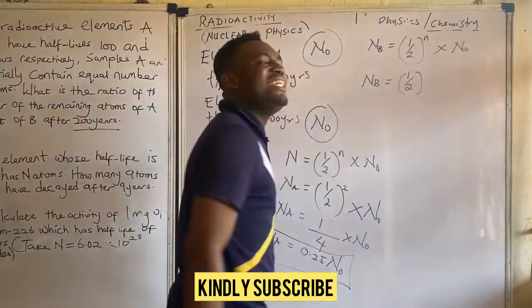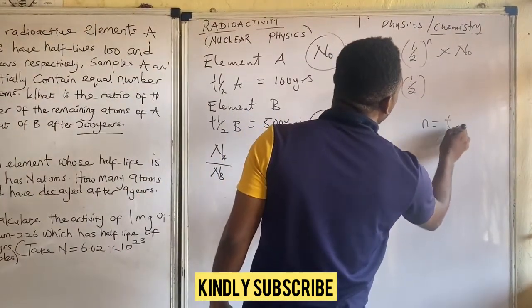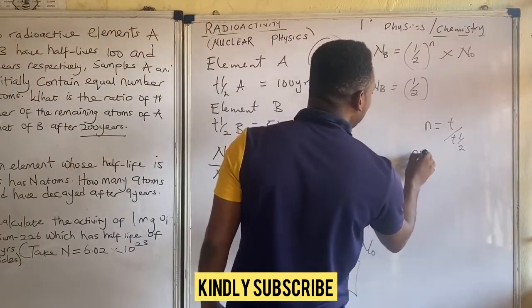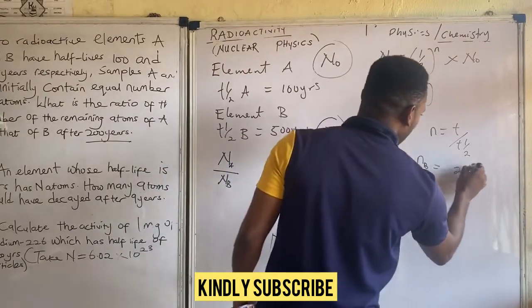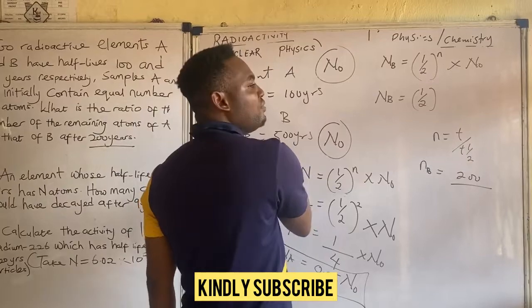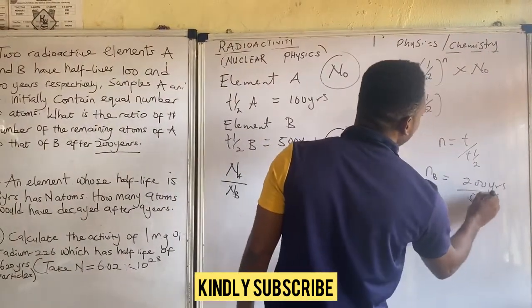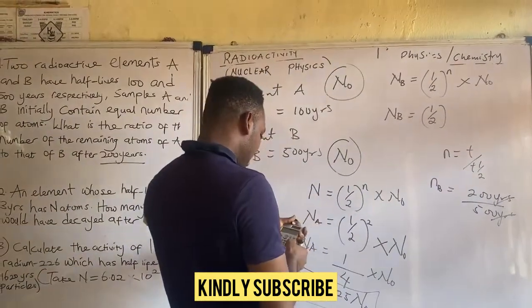How do I get the n? The same way. The n is what? T over what? T half. So for B, the n for B will be, what is T? 200. Divide by, what is T half? Half-life of the second guy, which is, remember they are in years, 500 years. Years cancel years, 200 by 500.